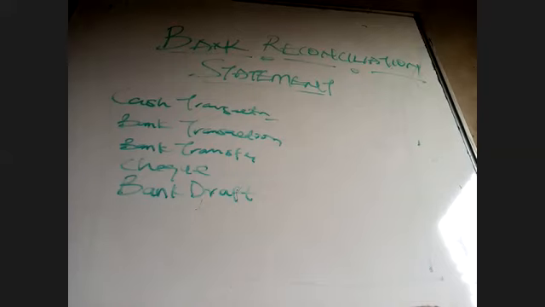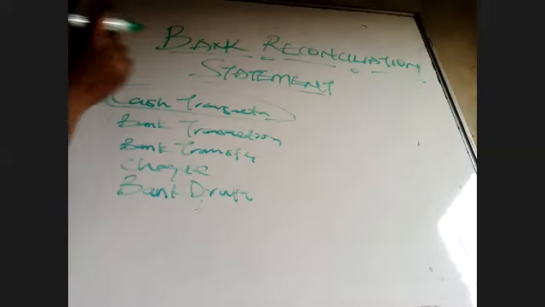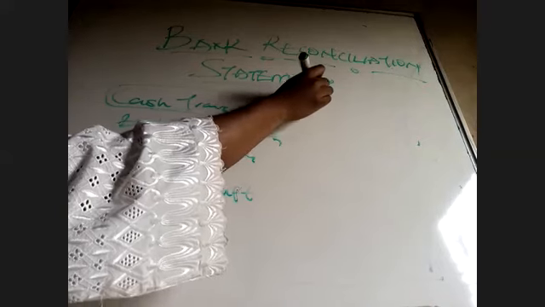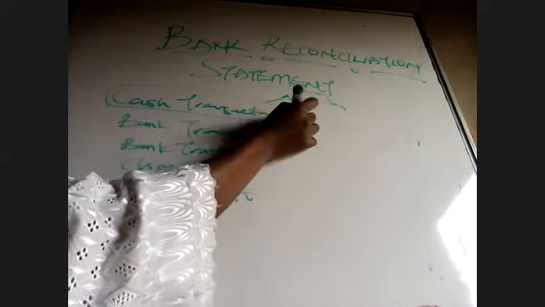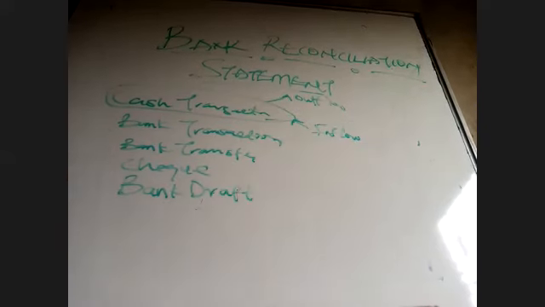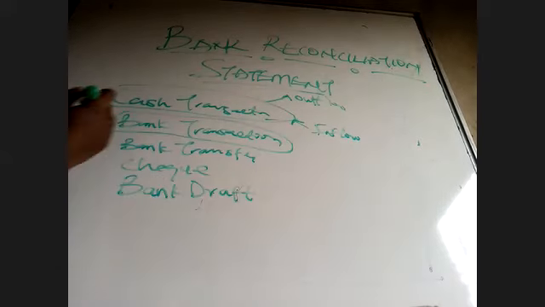A cash transaction is within the control of the organization, because at any point in time you know what you are giving out as an outflow and what you are getting in as an inflow, because you only have a record of these transactions as when you received cash. But here it is not the case, because it is bank.